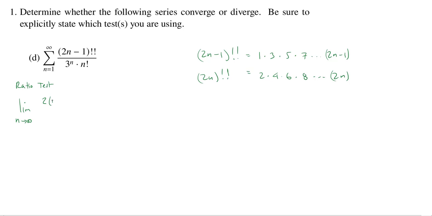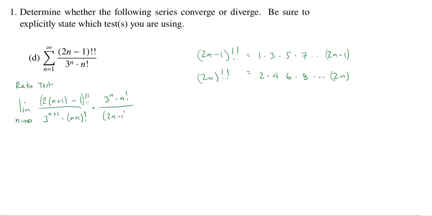So when I do that, I'll get 2n plus 1 minus 1 over 3 to the n plus 1 times n plus 1 factorial. And then I need to divide by the nth term, which of course we're looking at, or if you like, multiply by the reciprocal. So 3 to the n times n factorial over, we forgot the double factorial on top, didn't we?